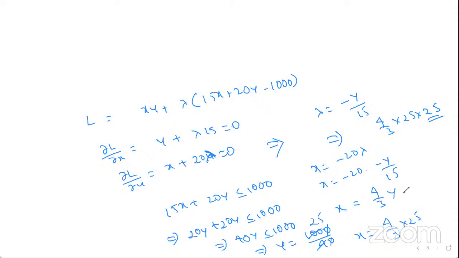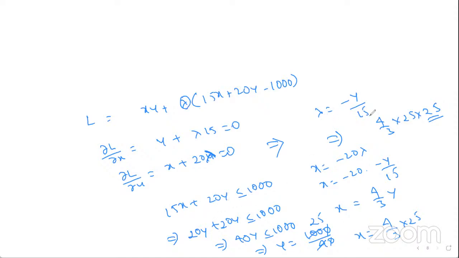Okay, this is clear. This is how we are able to maximize this. And then the lambda value. Since we got 15x plus 20y exactly equal to 1000, we can get the lambda value from the earlier equation.